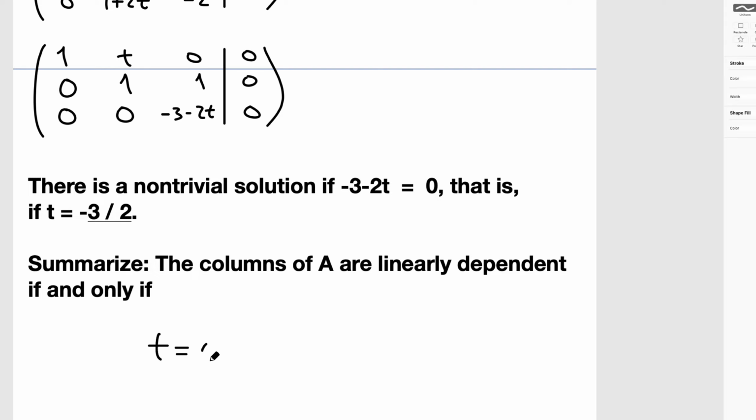T equals 0 or t equals negative 3 over 2. And it's or, it's not and. And is absolutely wrong because there does not exist any number in the world that can be simultaneously 0 and negative 3 over 2. That's it.